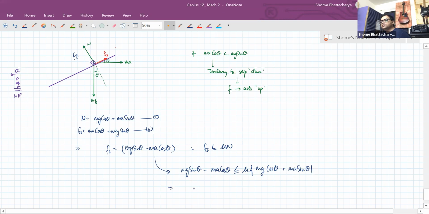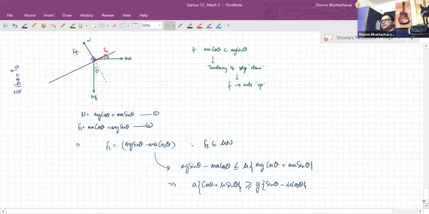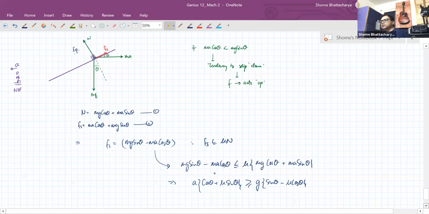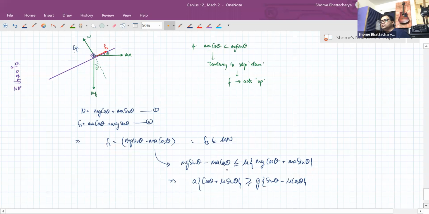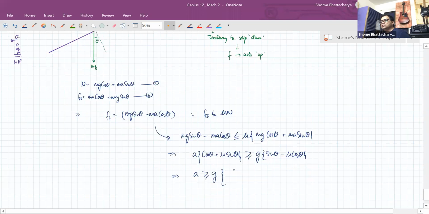From this you can see we'll get a condition on A: A into (cos theta plus mu sin theta), taking this to that side, is greater than or equal to g into (sin theta minus mu cos theta). So A should be greater than or equal to g into (tan theta minus mu) upon (1 plus mu tan theta).